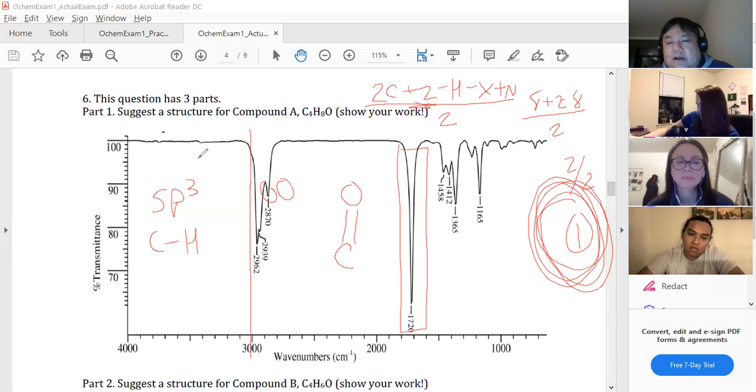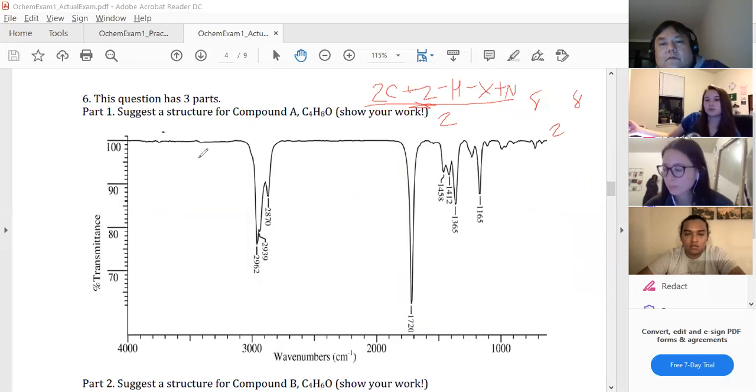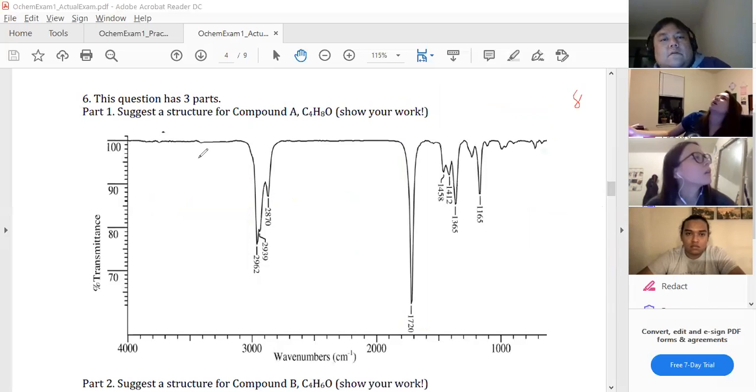That's your clear indicator. Does that make sense? Yeah. Now that I know that I have that carbonyl, what type of functional group is it most likely going to be if it's not an aldehyde? What's the other one that's like an aldehyde? Ketone.